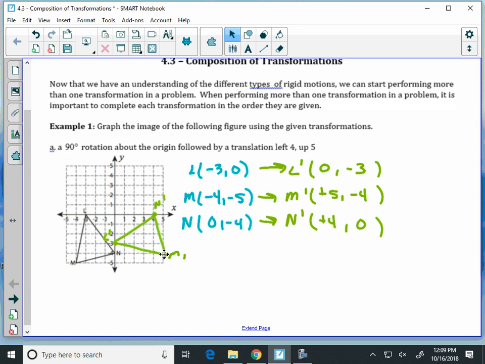We physically can't do that. So your second transformation, you always do to the second figure. So this green triangle is what we're going to move left 4 and up 5. And I'm going to label it double prime to indicate that it is the second figure. It's the second transformation.